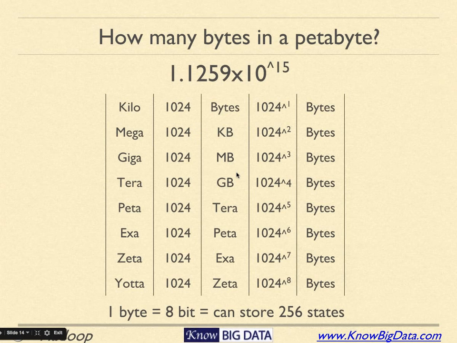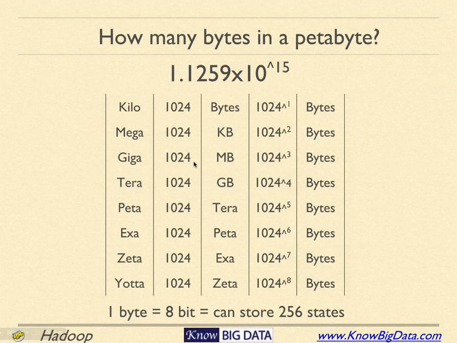bytes in a petabyte. So what does it mean by a bit or a byte? A bit basically can store information about a single toggle, as in a switch. The switch you have at home stores a single bit of information, whether it is on or off.